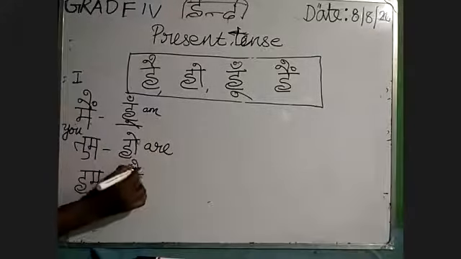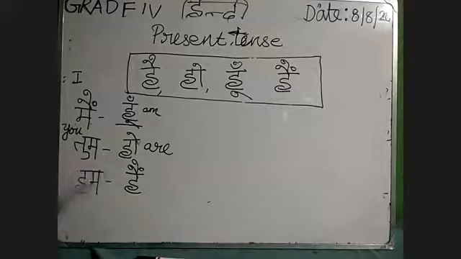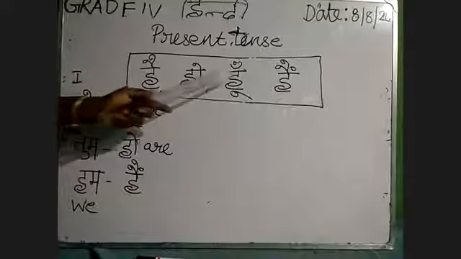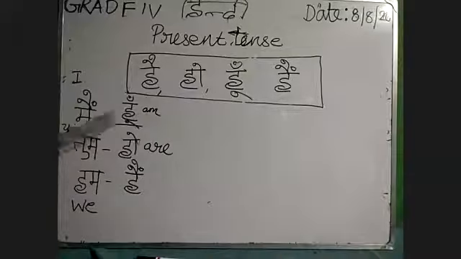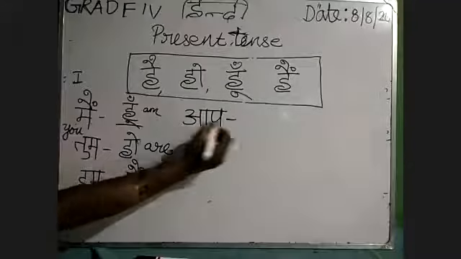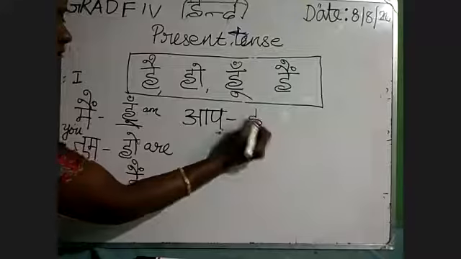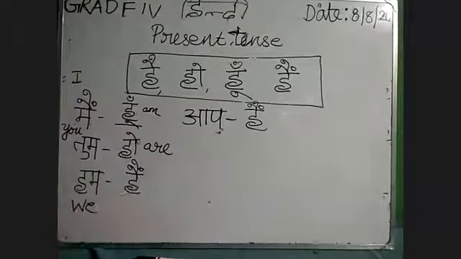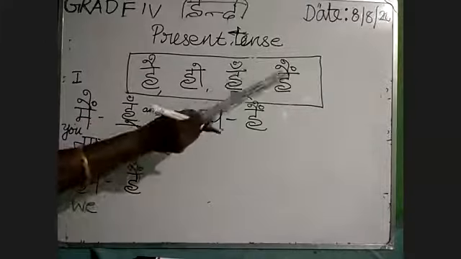Hum hain. Main hoon, tum ho, hum hain. Next, aap. Aap is second person plural, so that also takes hain. For plural and for respected person only hain will come.